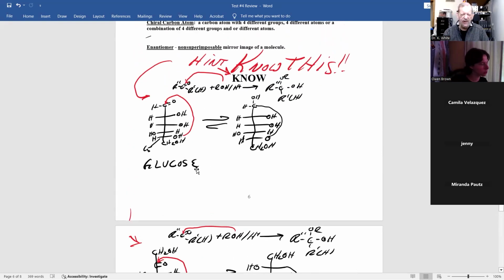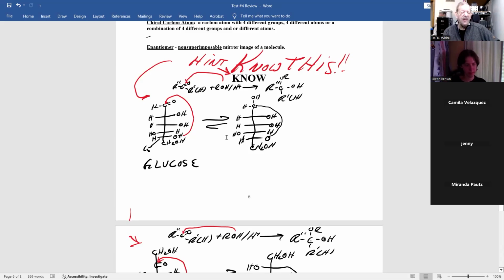Here we have the structure of glucose, and we have an alcohol at C5, and at the first carbon, an aldehyde. And from test 2, you learned that if you had a ketone or aldehyde, alcohol and acid, you form the hemiacetal or hemiketal.